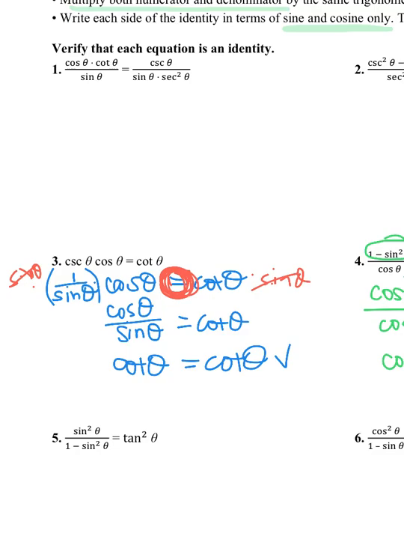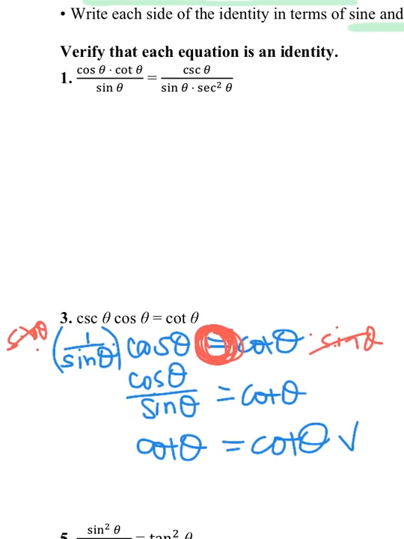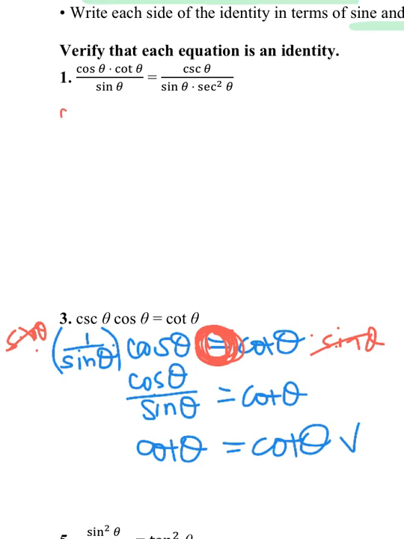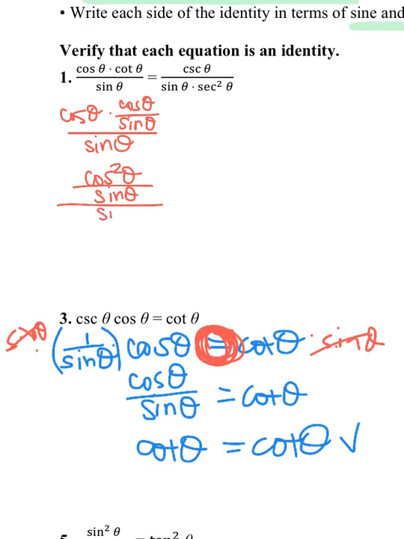All right, so then, let me zoom in a little bit. Here I have cosine of theta times, and cotangent is going to be cosine over sine of theta. All right, so then multiplying, I get cosine square theta over sine theta over sine theta.